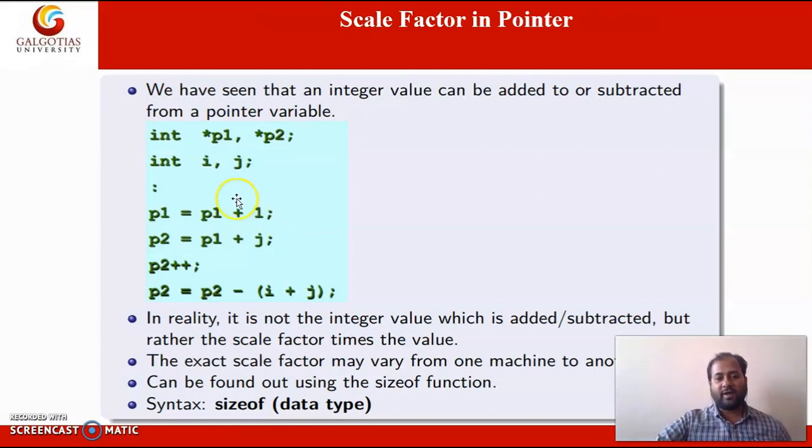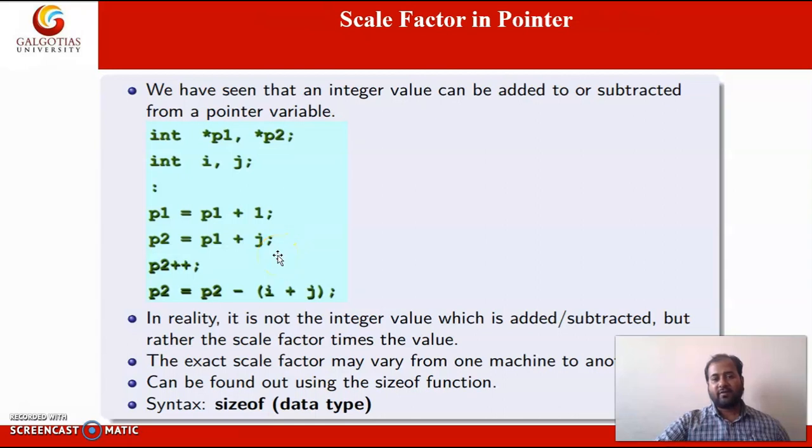This is the scale factor, and it depends on the computer. In most machines an integer takes 4 bytes, so the pointer will be incremented by 4. If it is a character taking 1 byte, it will be incremented by 1 to point to the next memory location.